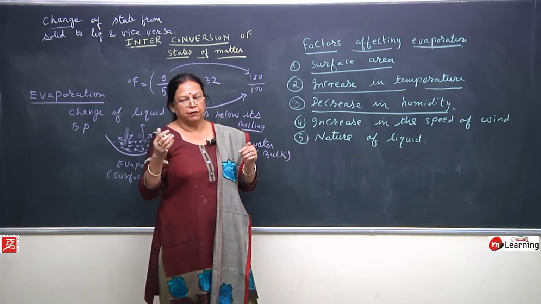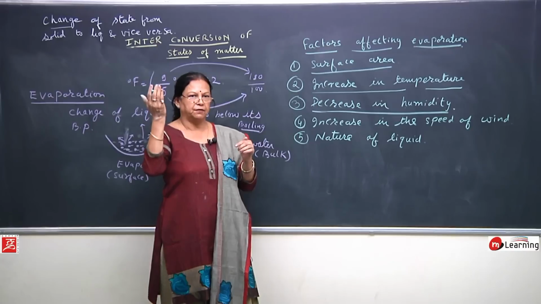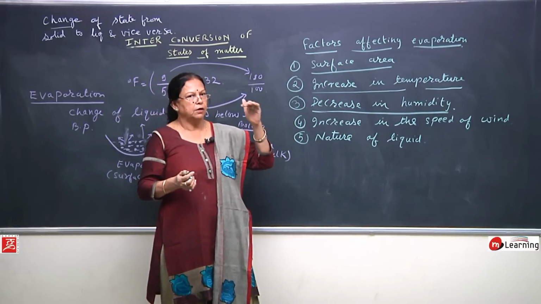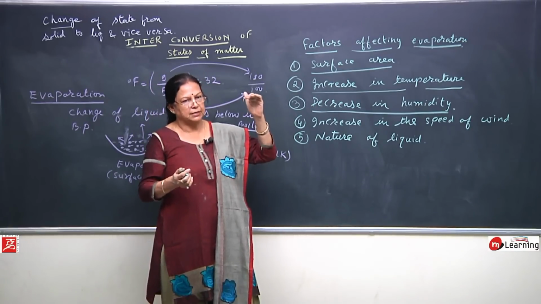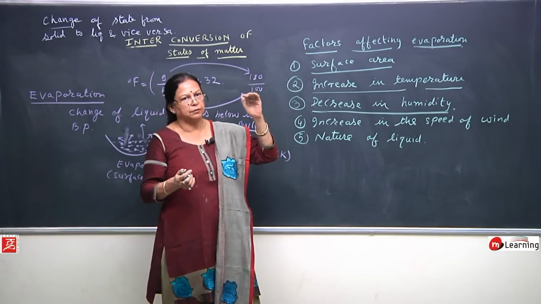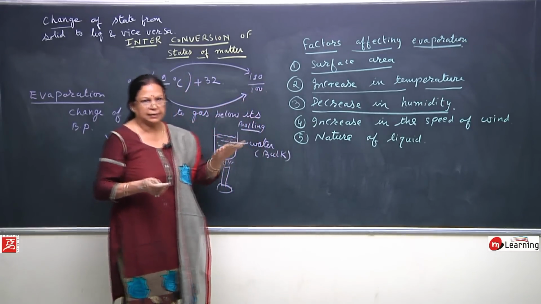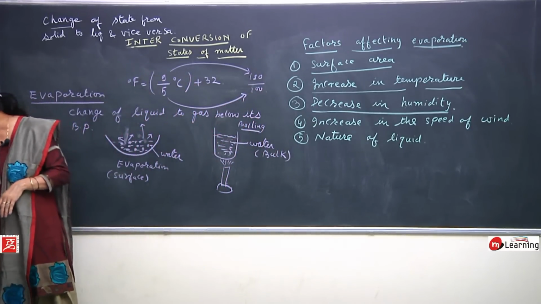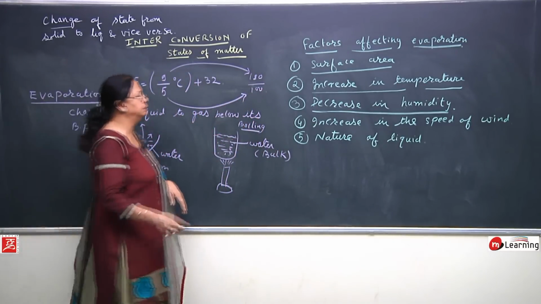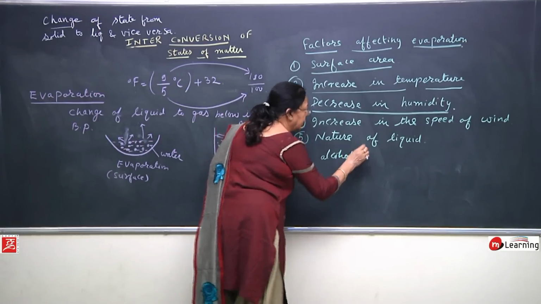Those liquids which have a low boiling point will evaporate faster, and those whose boiling point is higher will have a lower speed of evaporation. So, take the example of alcohol and water.